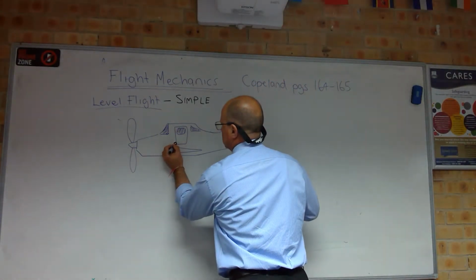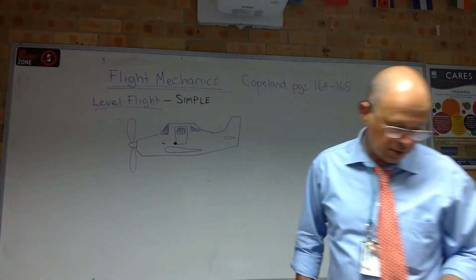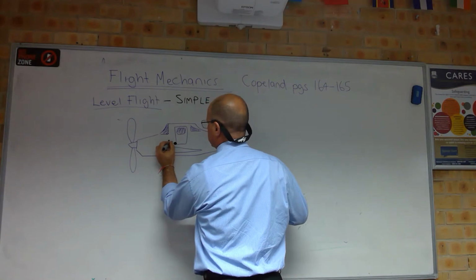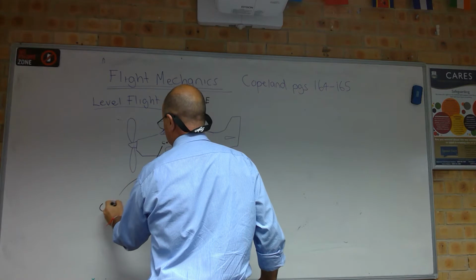we're looking at the example in the book, and they have a dot in the center, and that's got C of G written on it. C of G stands for center of gravity.